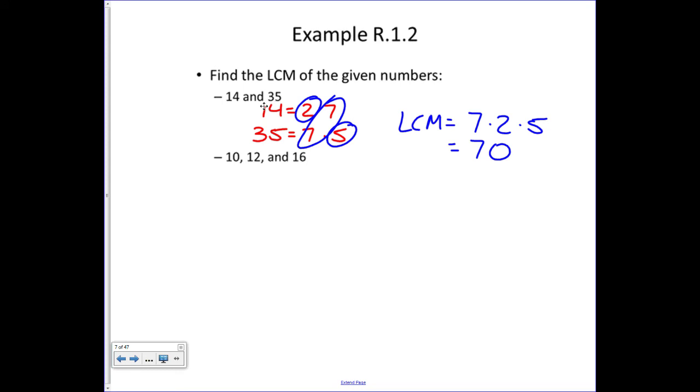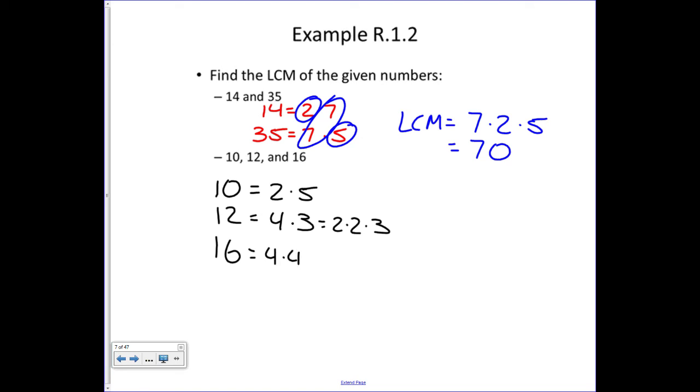So now let's try the same thing with three different numbers. We have 10, 12, and 16. 10 is 2 times 5. 12 is 4 times 3, which is 2 times 2 times 3. And 16 is 4 times 4, which is 2 times 2 times 2 times 2. So to find the least common multiple, we want to write every factor the most number of times that it appears in any factorization.